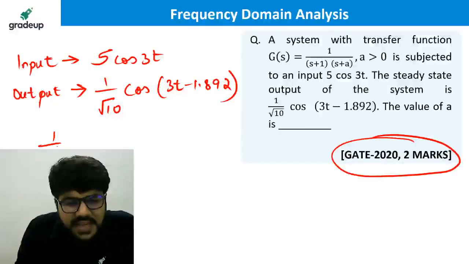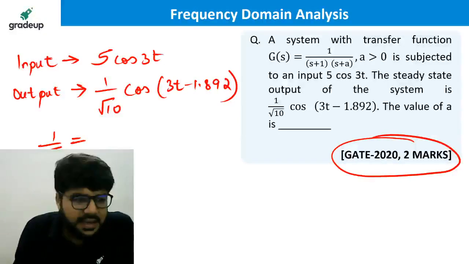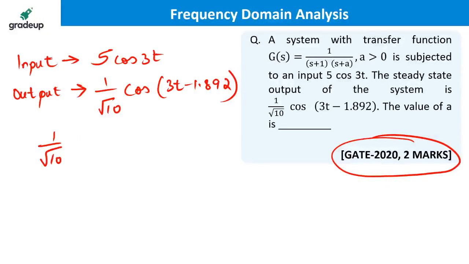So that means this amplitude, which is 1 by root 10, should be equal to what? The magnitude of the output is equal to the magnitude of the input multiplied by mod of G j omega naught. The transfer function is specified as G(s) and in the frequency domain it becomes G(j omega).